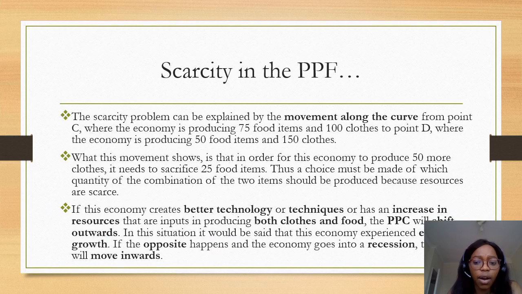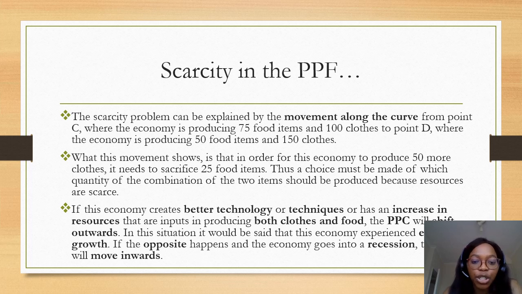All right, moving on. Here, the scarcity problem. I'm just going to read through it because I've already talked about it in the previous slide. The scarcity problem can be explained by the movement along the curve from point C, where the economy is producing 75 food items and 100 clothes, to point D, where the economy is producing 50 food items and 150 clothing.